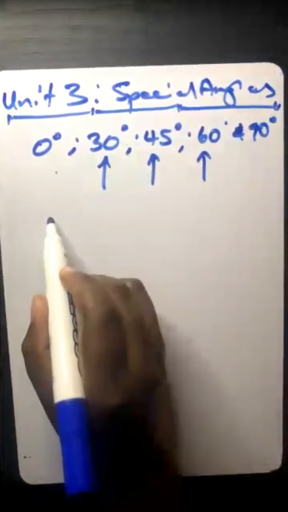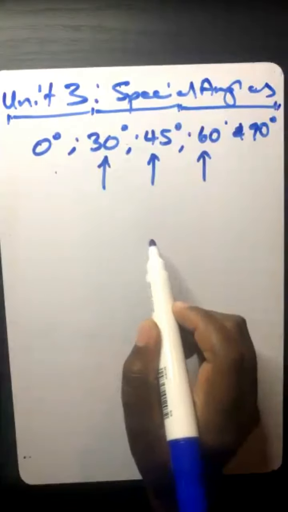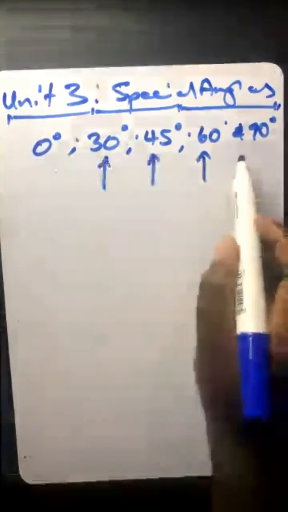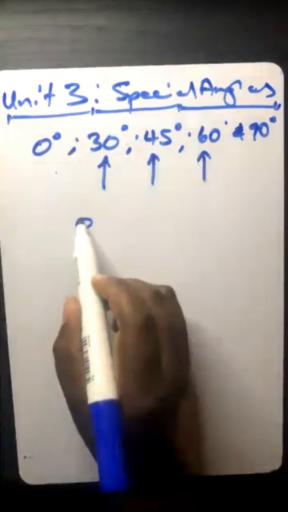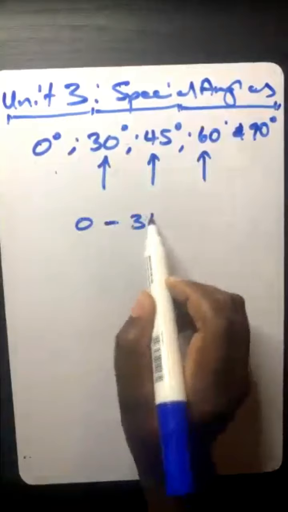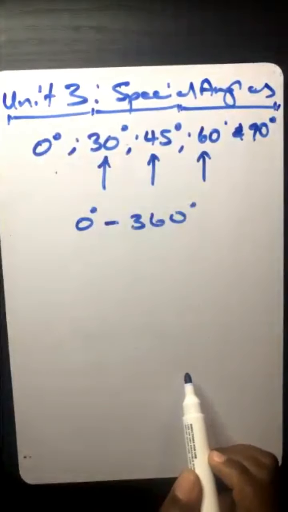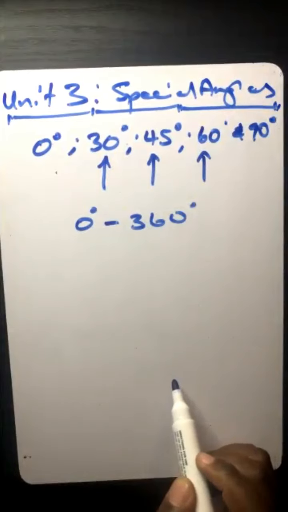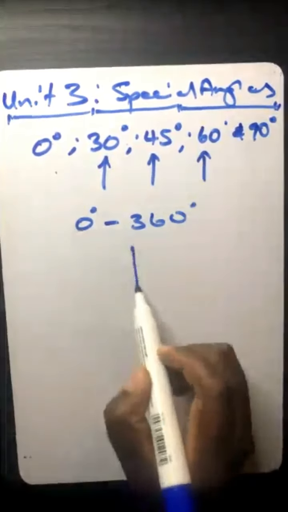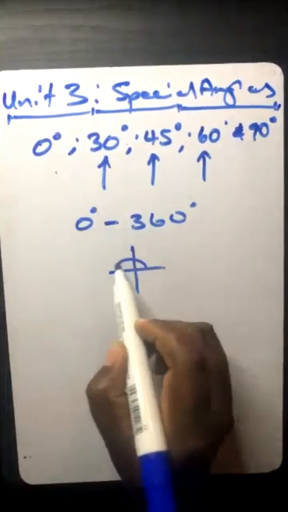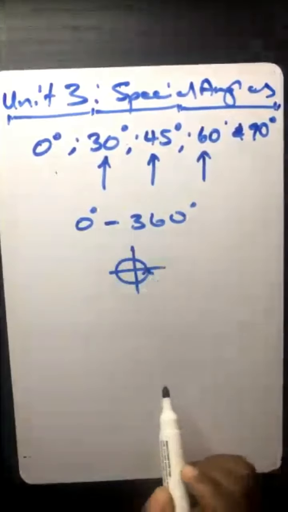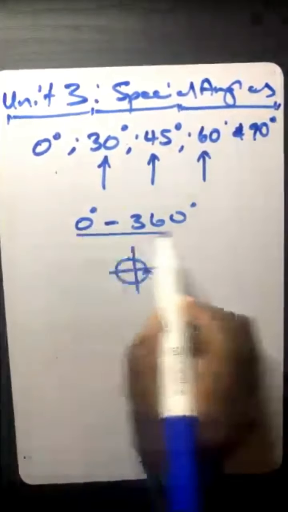So obviously, angles are from 0 to 360 degrees. But within this range of 0 to 360 degrees, we have some angles which are special.